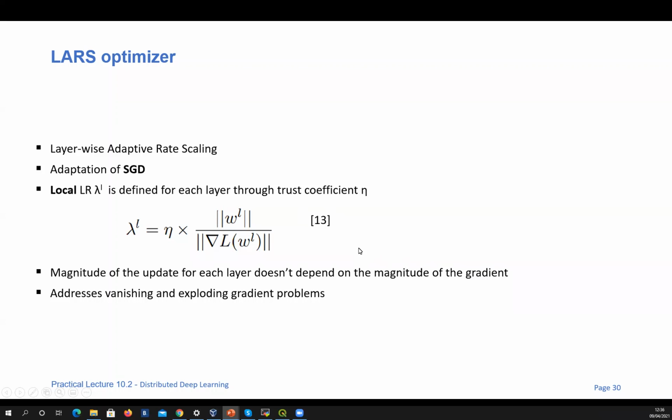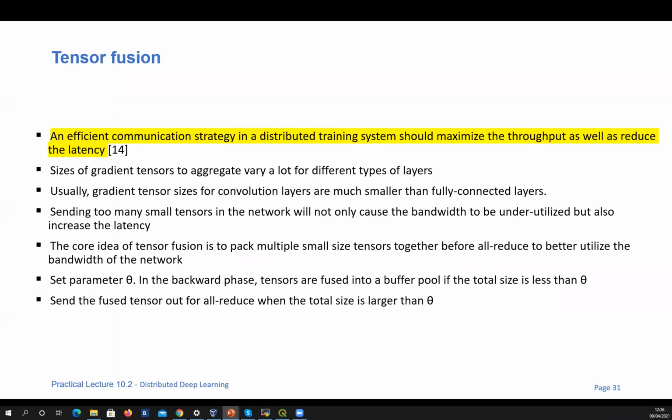This has proven to be very good for convergence when you use very large batch sizes, compared to the original SGD algorithm.